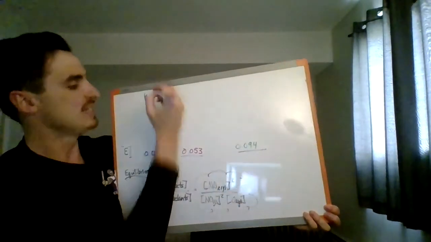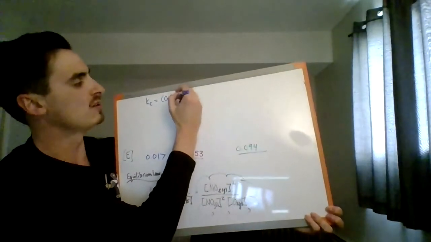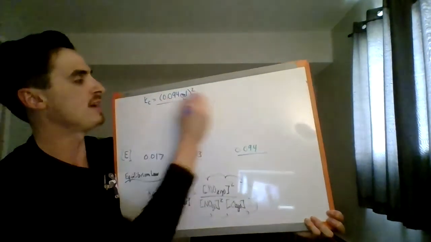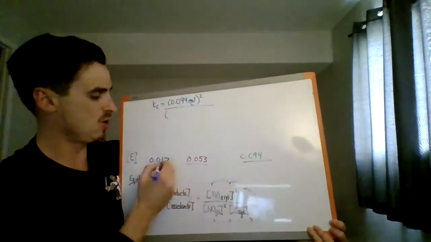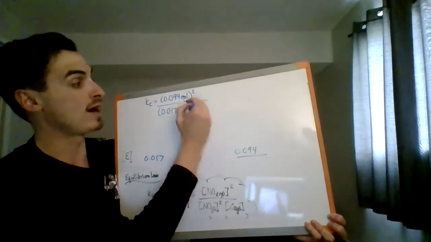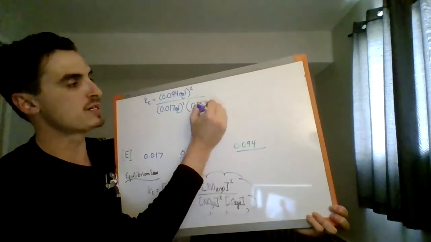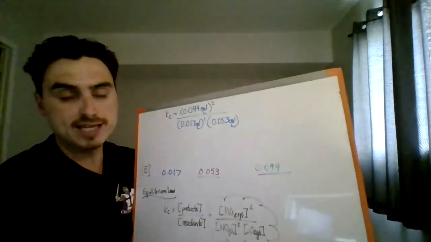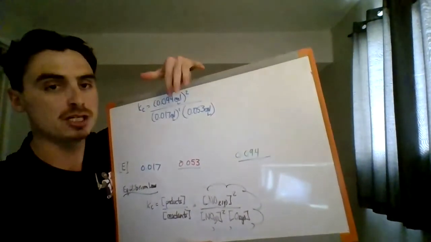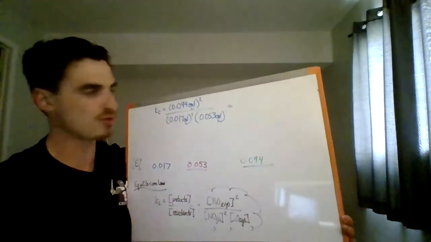So Kc is going to be equal to the concentration of NO2, 0.094 moles per liter squared, divided by the concentration of NO, which is 0.017 moles per liter squared, times 0.053 moles per liter. Now, the equilibrium constant does not have units. I want you to write the units in the expression, but the final answer will not have units, even if they're not going to cancel out. It's a unitless value, okay?